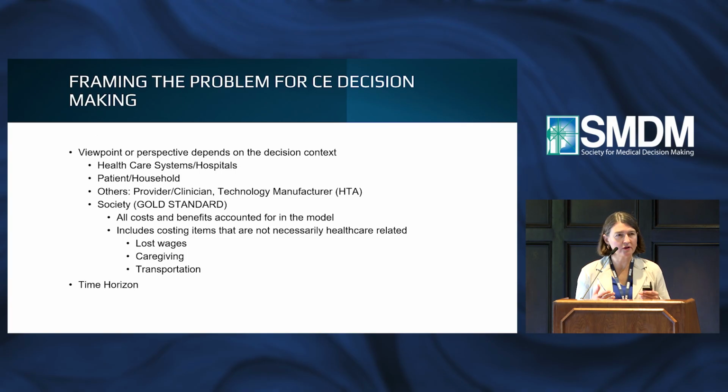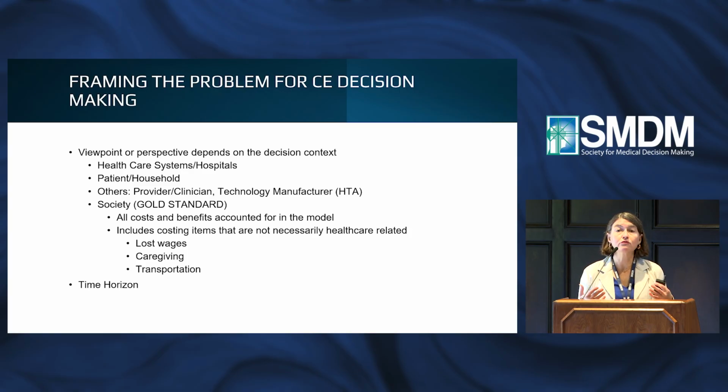So the other important thing when we're thinking about cost effectiveness is framing the problem. So what is the decision, and in what context are we making that decision? And so the viewpoint or the perspective depends, again, on who's making the decision or who's sponsoring the project. And so often we say the societal perspective is a gold standard of cost effectiveness.